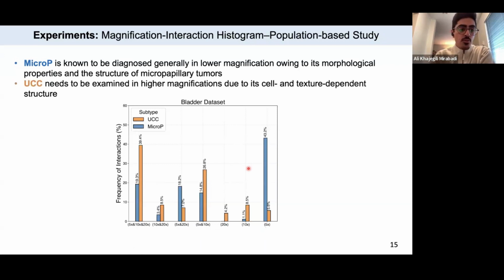But the story for urothelial is different because we need to investigate higher power to make the final decision, because it depends on the structure of the cell and the texture to diagnose the subtype. And the model is roughly doing the same thing. It tends to use a multi-magnification setting with a tendency toward the higher magnification. And the threshold here that I show is basically more than 8%.